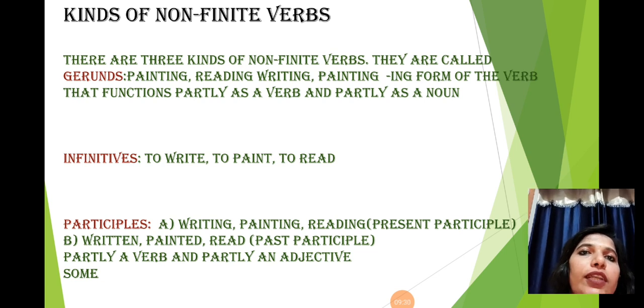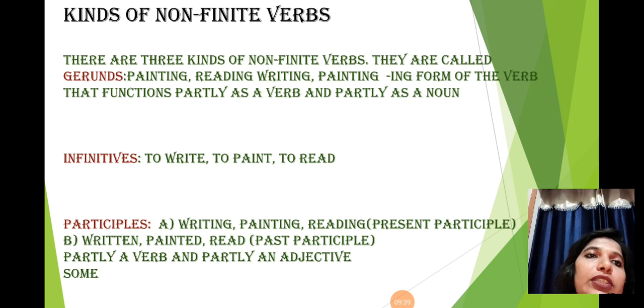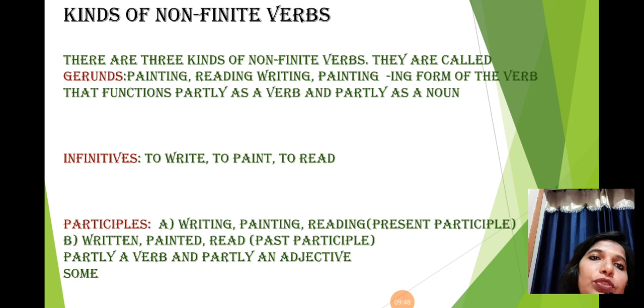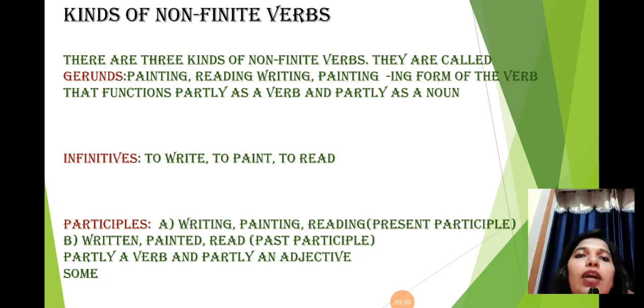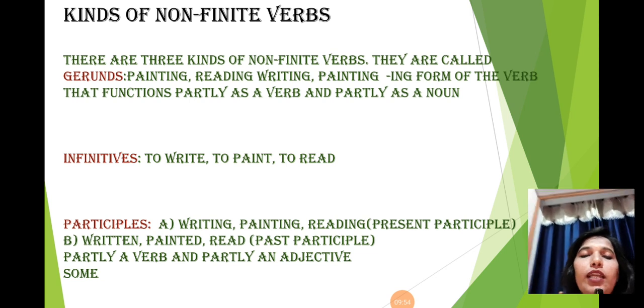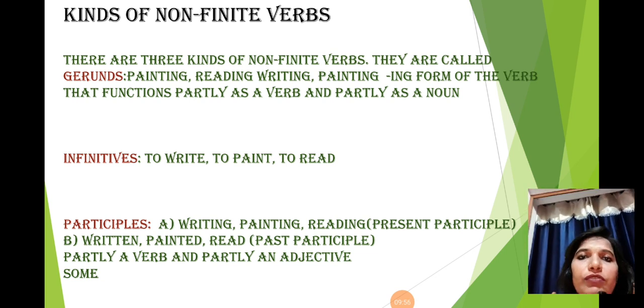Non-finites can be divided into three kinds. First, gerunds: painting, reading, writing. They carry the -ing form, and they are treated as a verb as well as sometimes as a noun. Infinitives are to write, to paint, to read; they always carry the base verb along with to at the beginning.